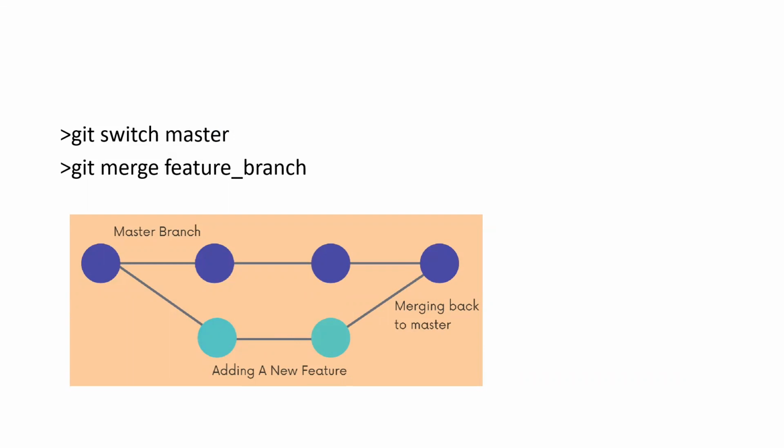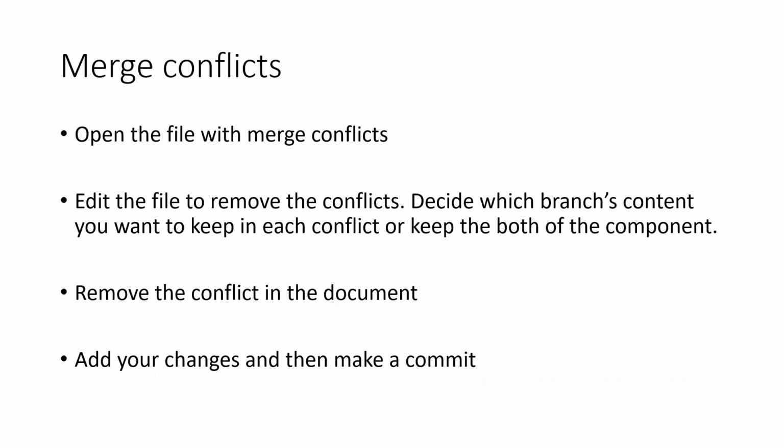Sometimes while merging, we can have merge conflicts. Why can this occur? Maybe two developers are working in the same project, in two different branches, with the same file.